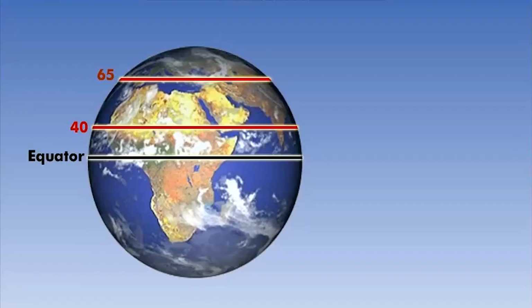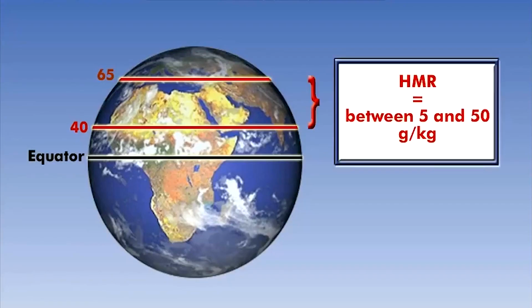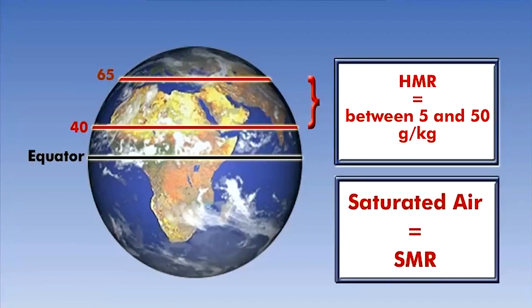In temperate latitudes, the HMR value lies somewhere between 5 and 50 grams per kilogram. In unsaturated air, the HMR remains constant with increasing height, whereas pressure and temperature decrease. Saturation mixing ratio or SMR is simply the HMR when the air is saturated.